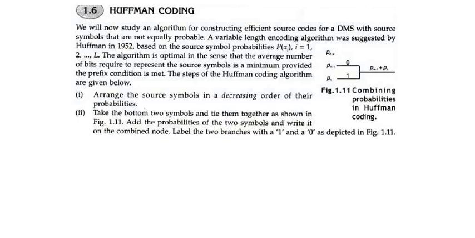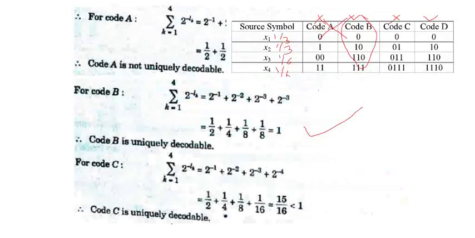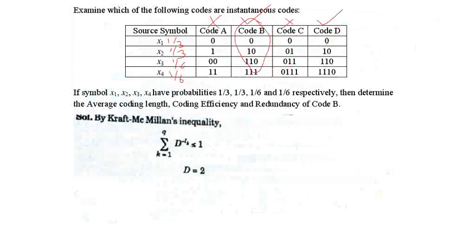Now we will see one source coding technique. We have seen some examples, and in the previous example each symbol's corresponding code word was also given, but how to generate these code words? We should follow some source coding techniques.